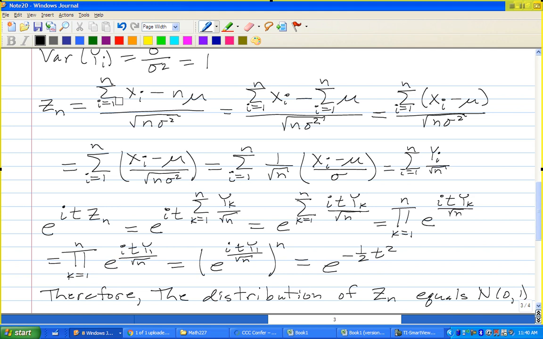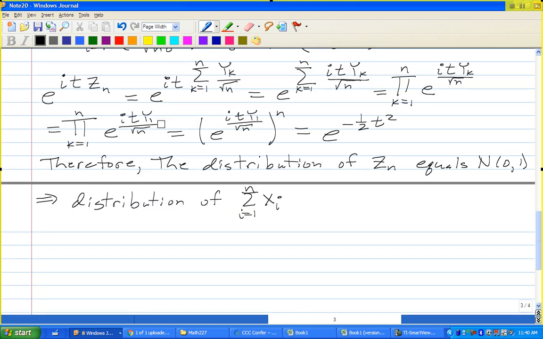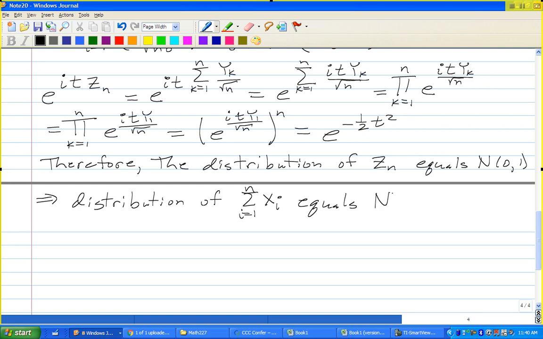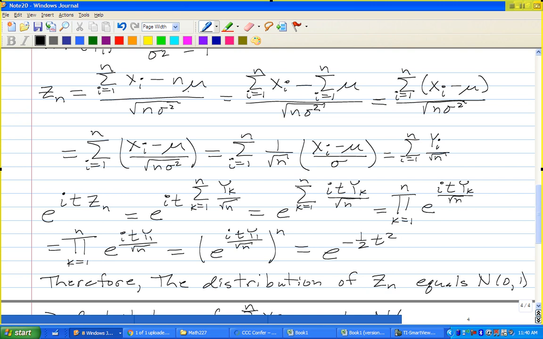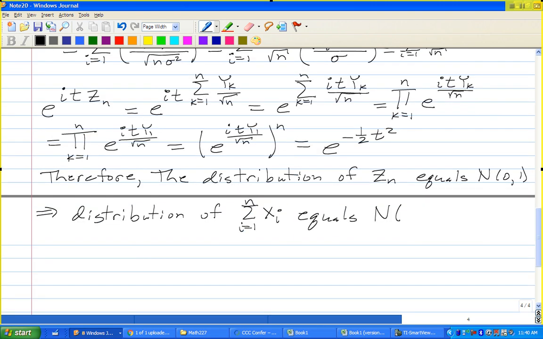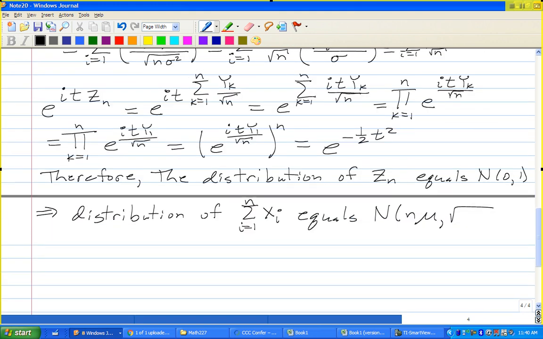And so this will be normal with mean n mu and standard deviation radical n sigma squared. So the distribution of this equals the normal distribution, where the mean was n mu and the standard deviation was radical n sigma squared.